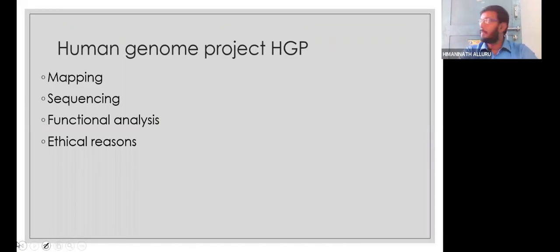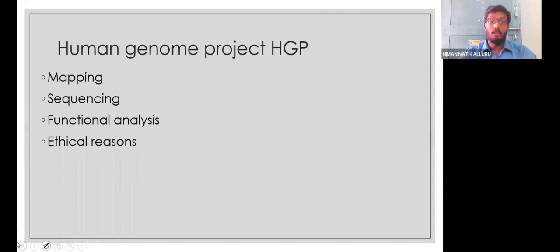So what is the main idea of this Human Genome Project? They have to map the human genome, sequence it, and analyze the function of each gene. And when it comes to humans, when it is an animal, we don't talk about the ethical reason. But whenever a project involves human beings, definitely many people will come up with ethical protests. So ethically we need to address that.